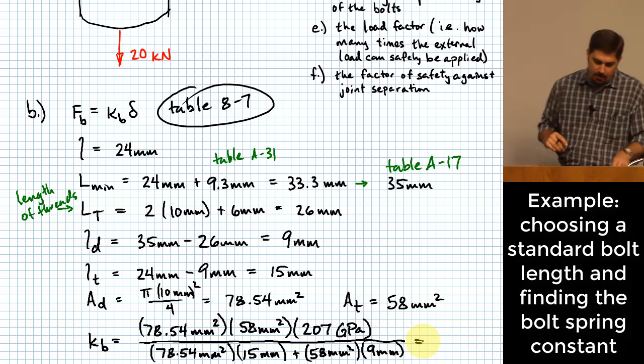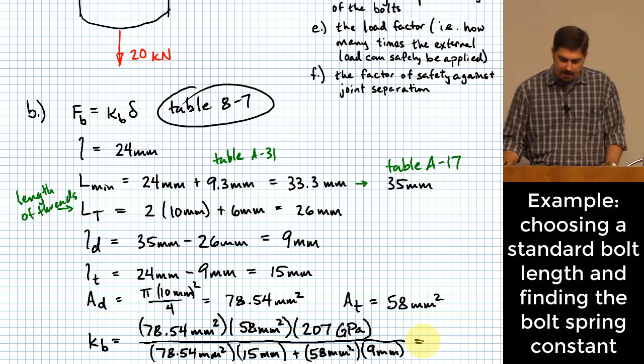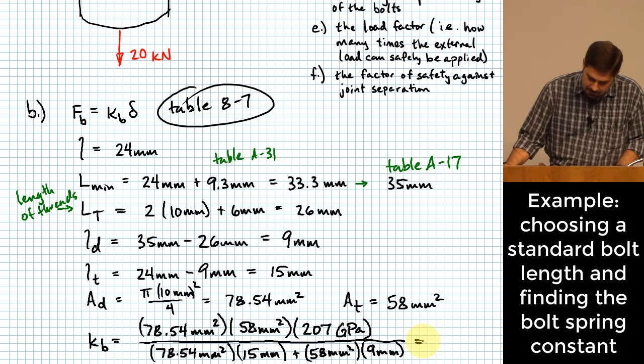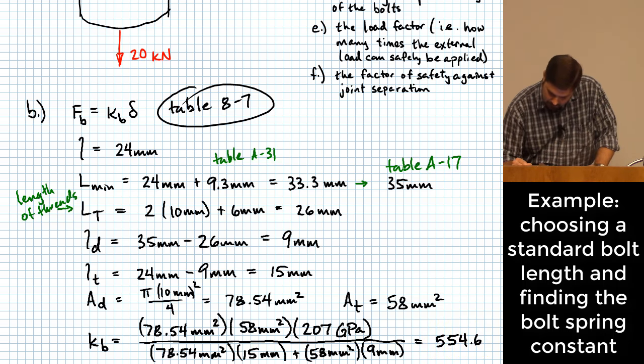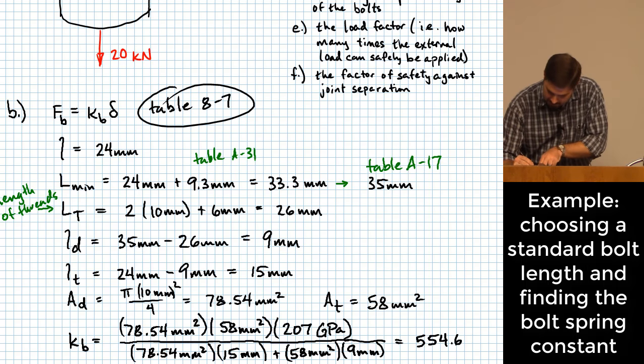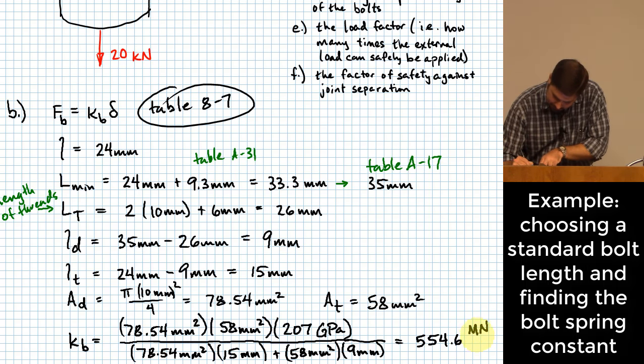All right, and once we put all those things in there, this ends up giving us 554.6. The units on this are meganewtons per meter.